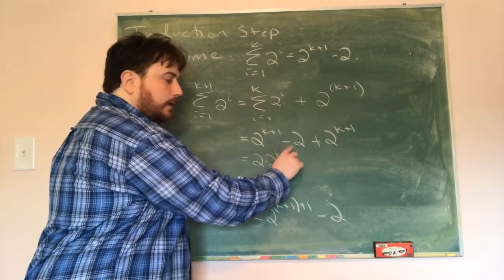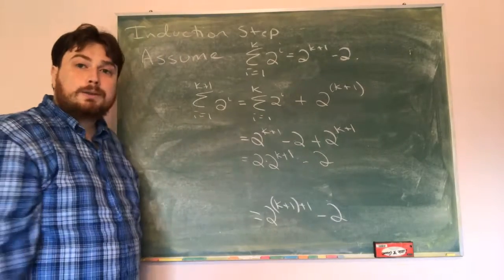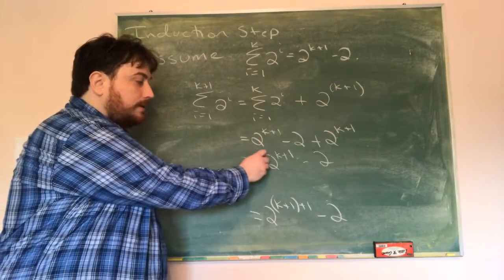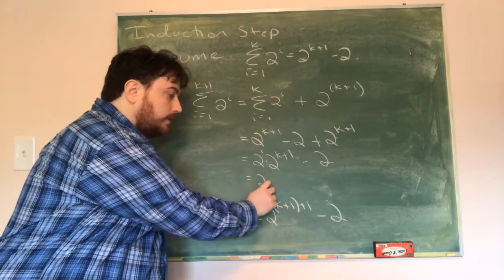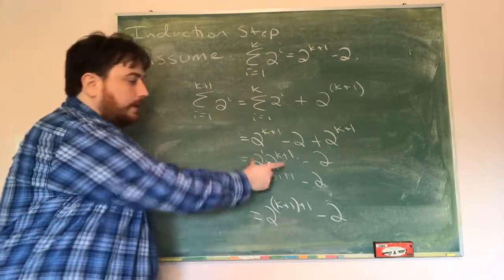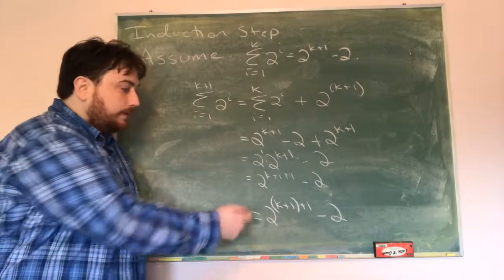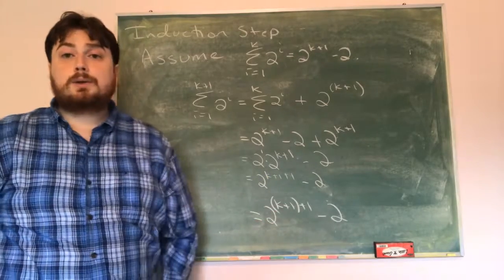And so I get 2 times 2 to the k plus 1, and then I still have the minus 2 at the end. Now notice that I have the same base. This exponent would be 1, so I would add exponents. So I get 2 to the k plus 2 minus 2, and what we end up with is exactly what we're looking for.